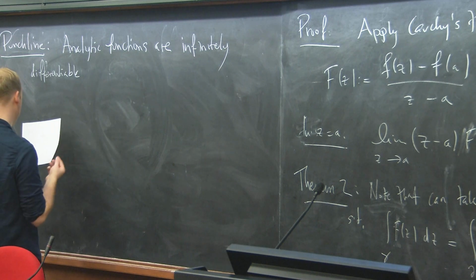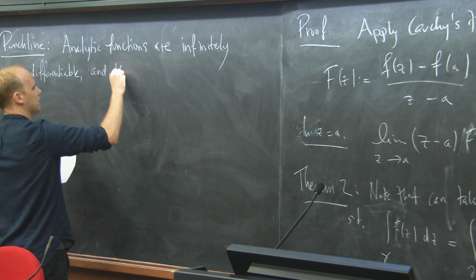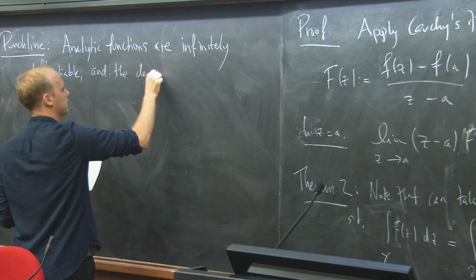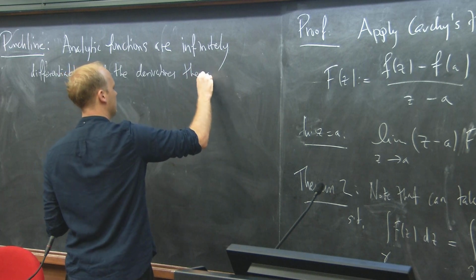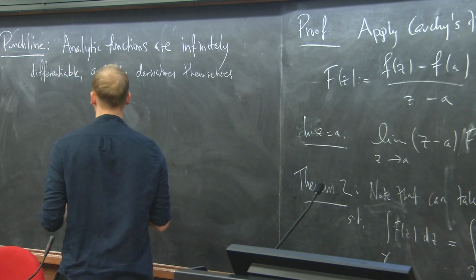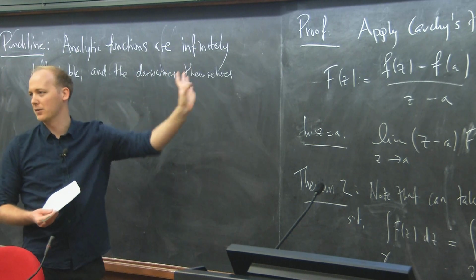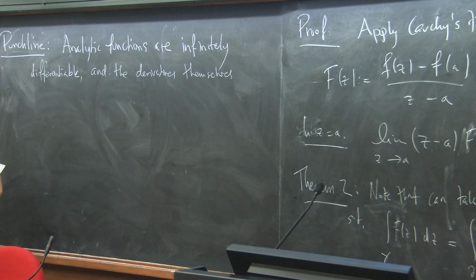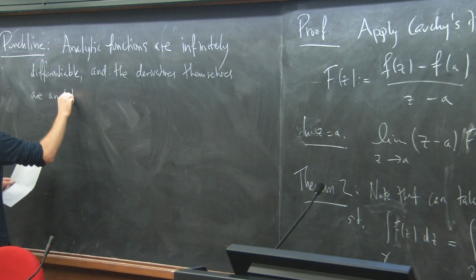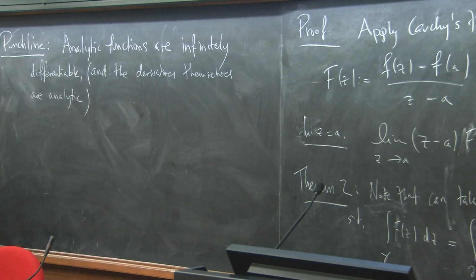And you even have these nice explicit formulas. And the derivatives themselves, so this is a bit tautological, infinitely differentiable should imply that the derivatives are then analytic, but it's still worth pointing out. So the derivatives themselves are analytic. So I can put this in parentheses.